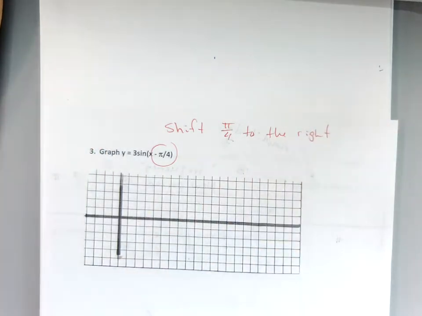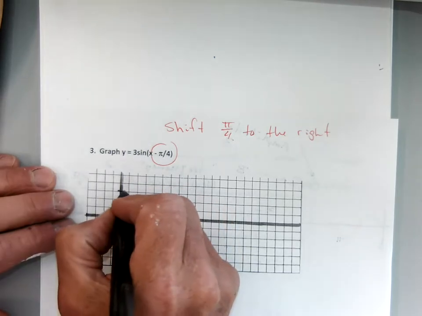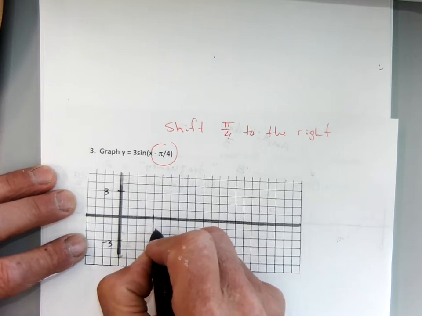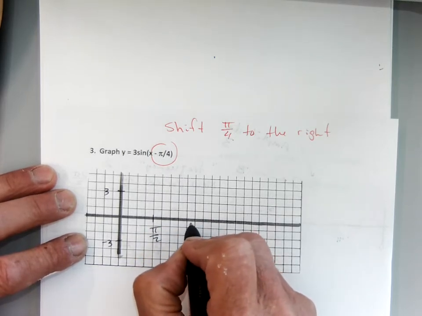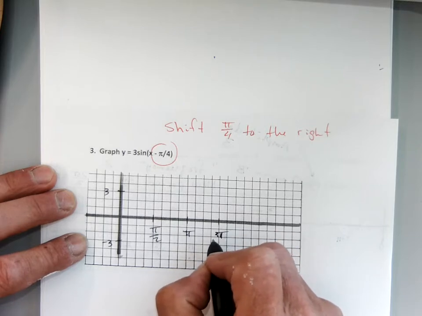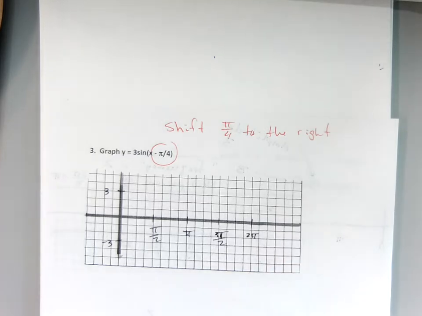So what I'm going to do first, though, is just draw a regular sine curve in. So I'm going to do a regular sine curve from 3 to negative 3. Pi halves, pi, 3 pi halves, 2 pi. And again, those are the units on my unit circle.